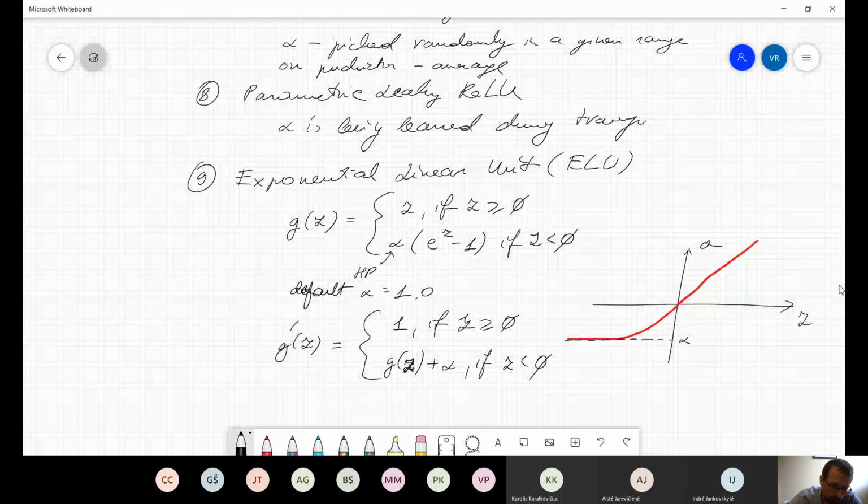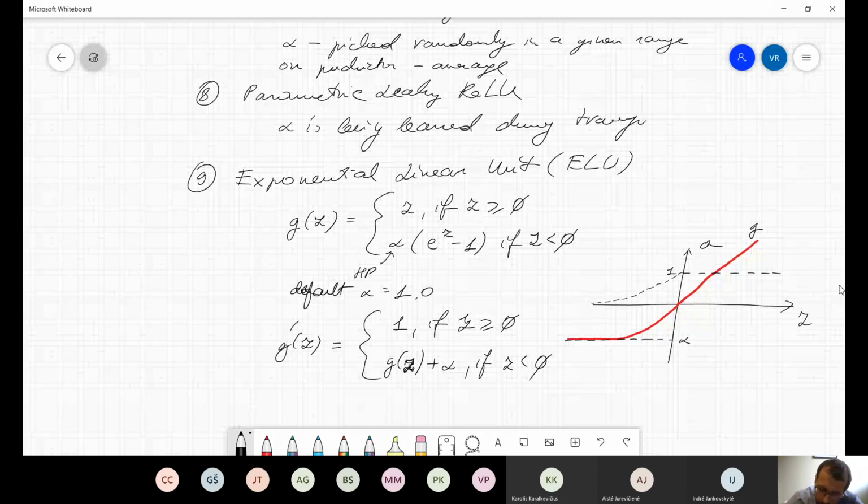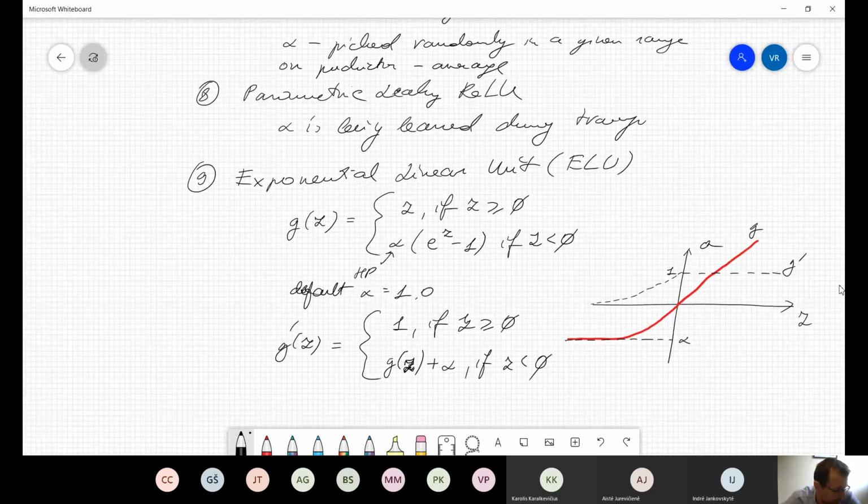Otherwise, it's defined by the researcher. So this is the function, and here we have 1, and here it basically goes down like this, and this is the derivative. Okay, so this is a good thing that it is smooth.